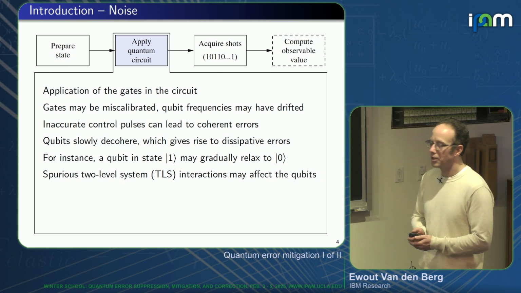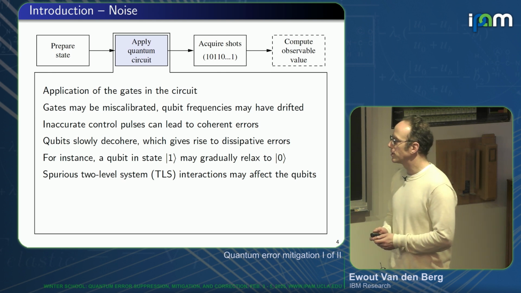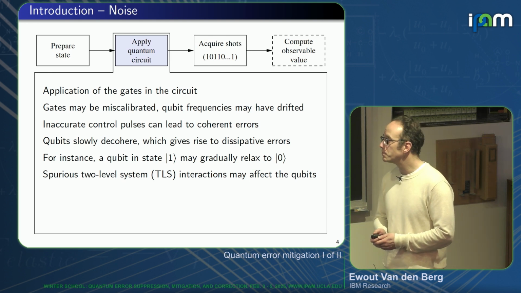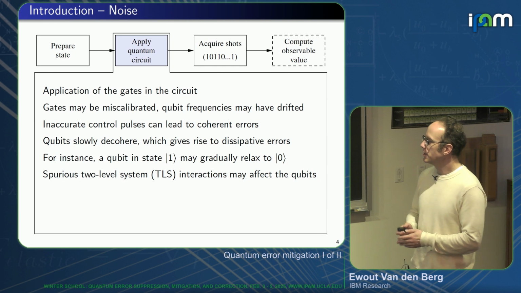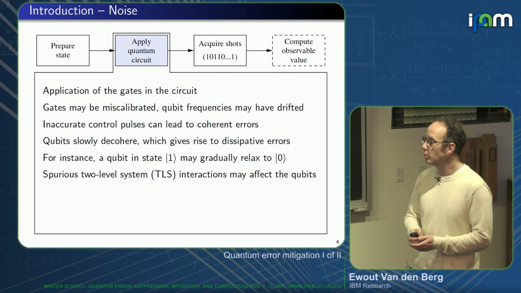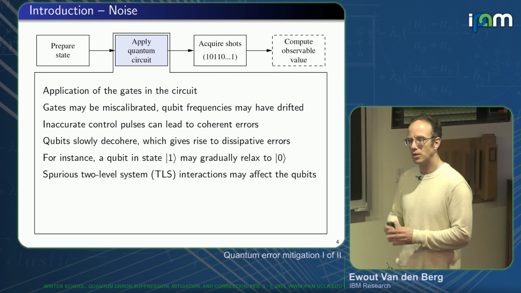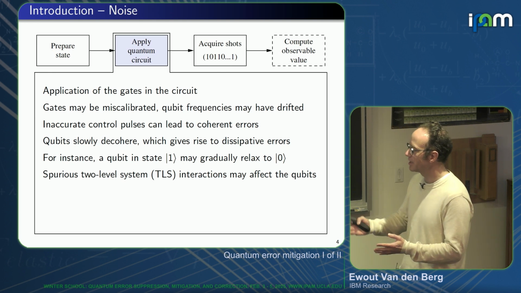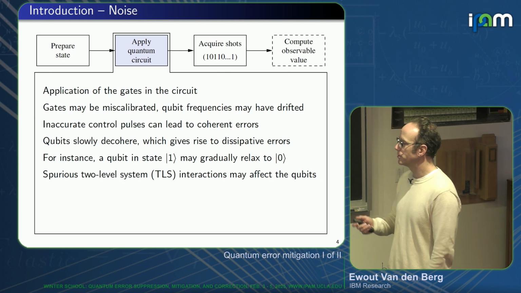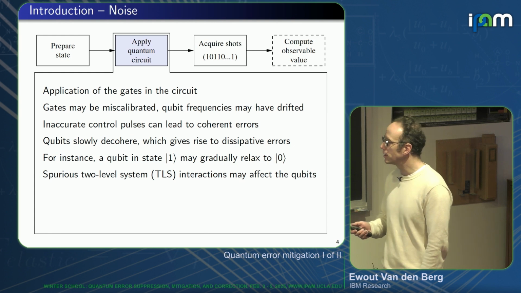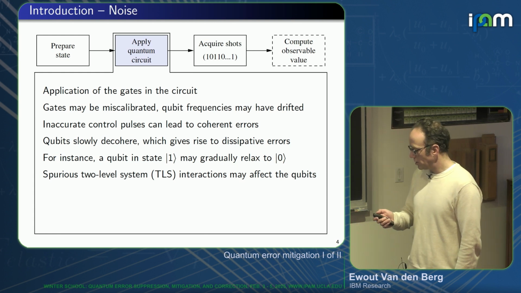And for example, a qubit in state 1 may gradually relax to state 0. In addition, there may be arbitrary two-level systems that are not engineered that way, but that just happen because of minute irregularities. So this also affects the qubits.